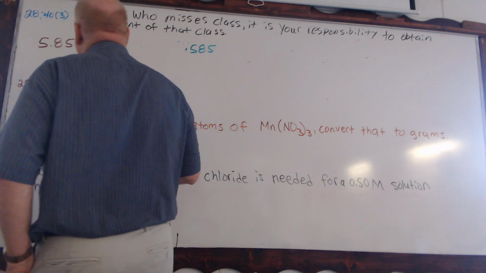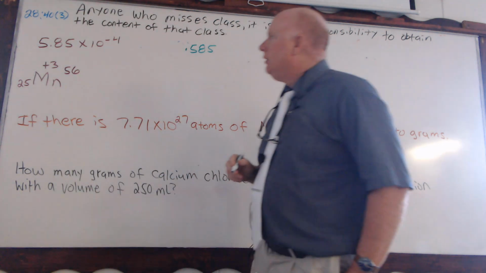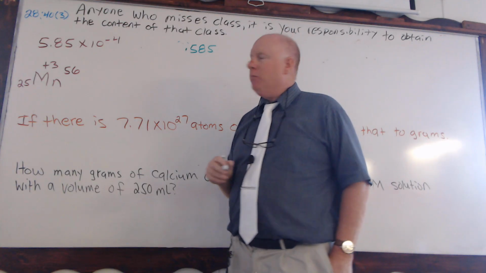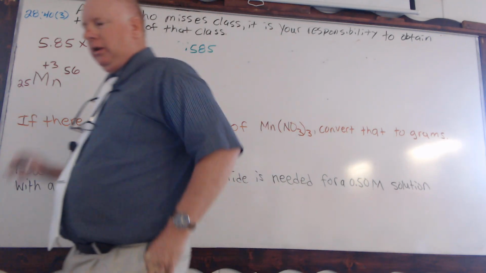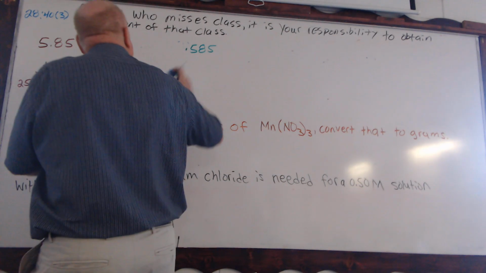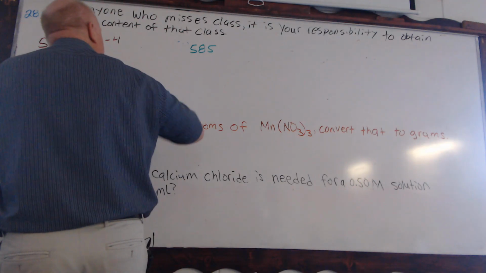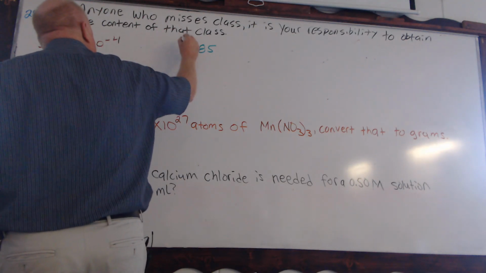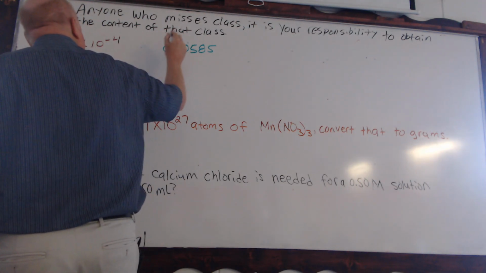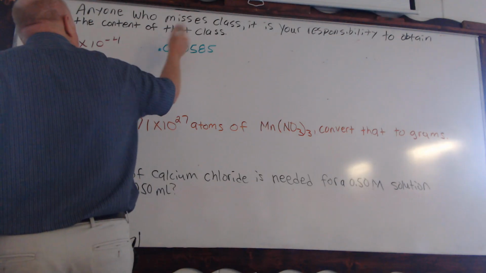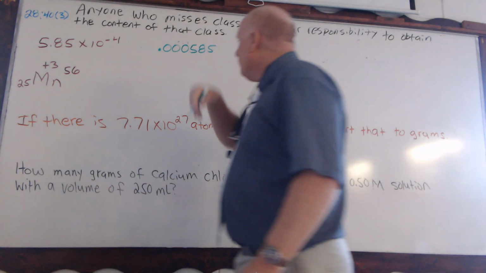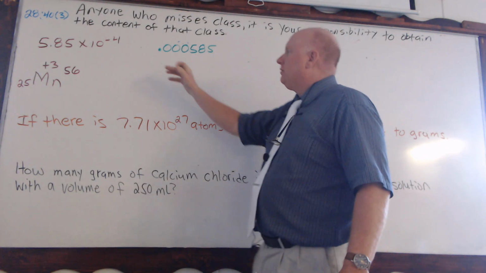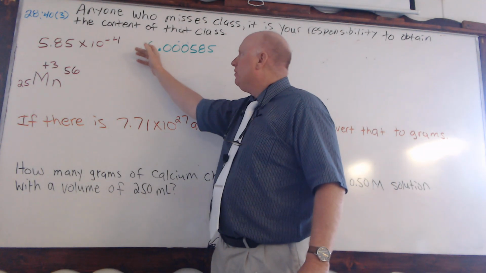0.585, there's 1 time. Okay? So we need 3 more because it's to the negative 4. That means if we move it over, there's 1, 2, and 3 more times. And then if you write it like that, that's fine. Personal choice. I put a 0 in front.